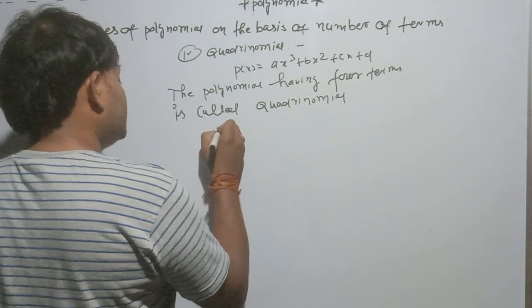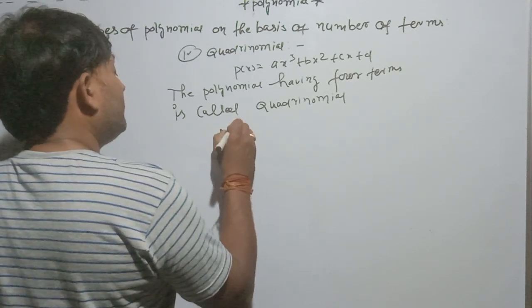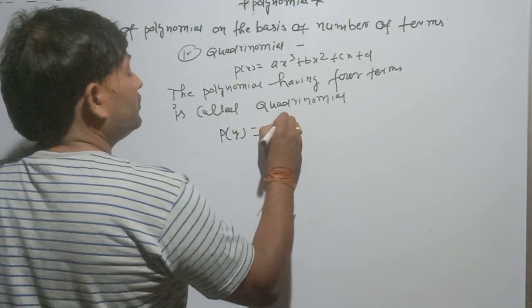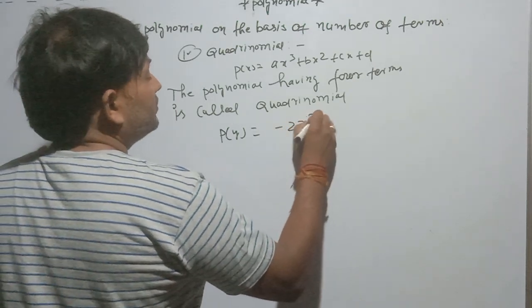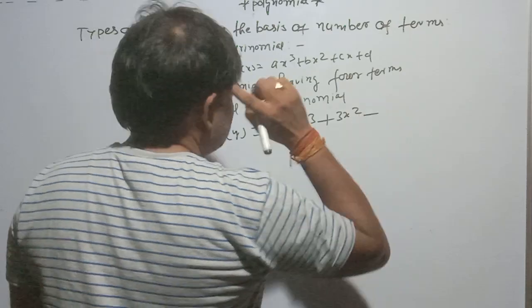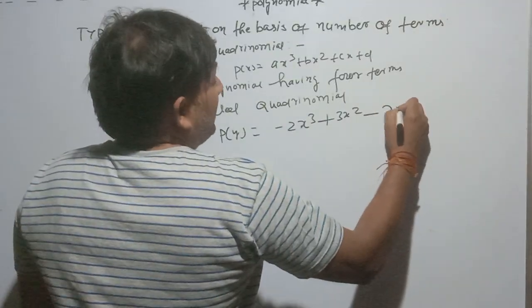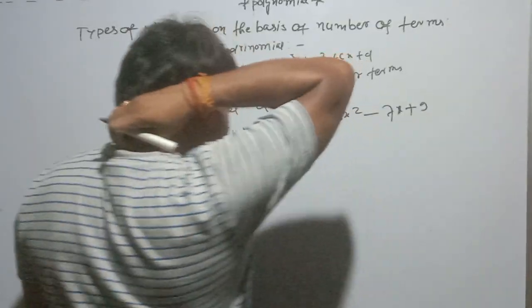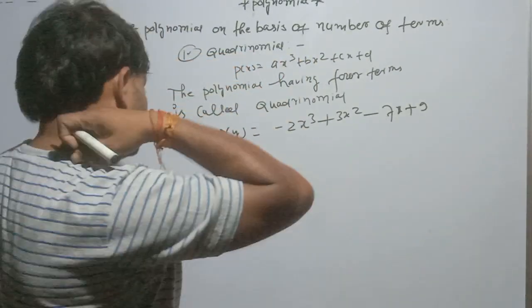Or suppose one example, p(y) = minus 2x cube plus 3x square minus 7x plus 9. See how many terms? 4 terms.